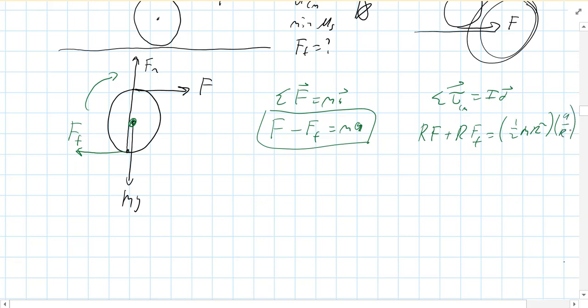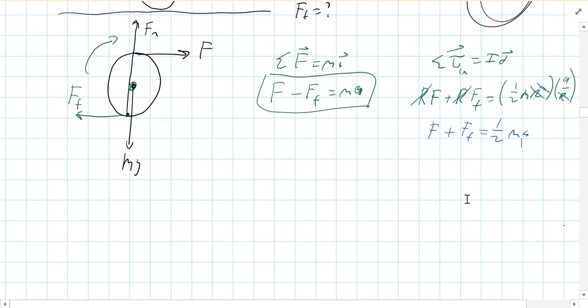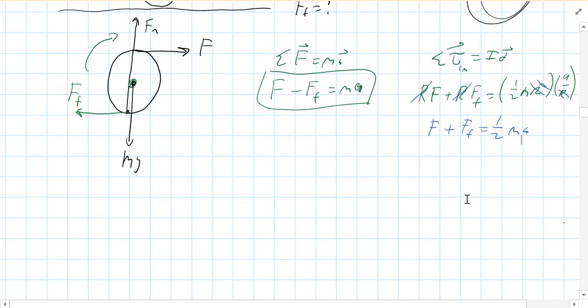Now, thankfully, all the radii cancel out. Each of these cancels with one of those, and then these two cancel. And you get F plus friction equals 1/2 ma. I'm going to start by getting rid of friction and solving for a.